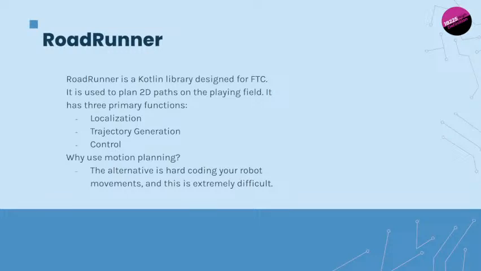A quick note about the tuning process: the first time, it's kind of complicated, so it might take you 1 or 2 hours to learn it. But once you get the hang of it, it only takes 30 minutes. So yeah, tuning is really important. But if you use Roadrunner, it should work really well.